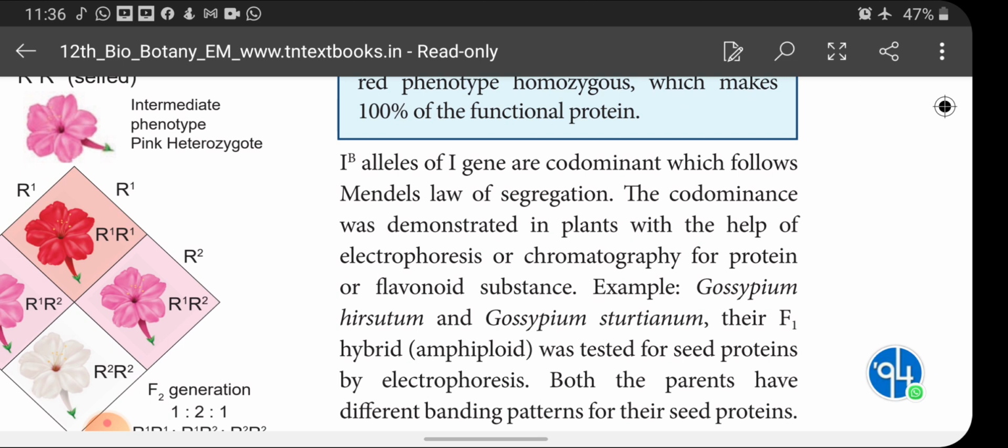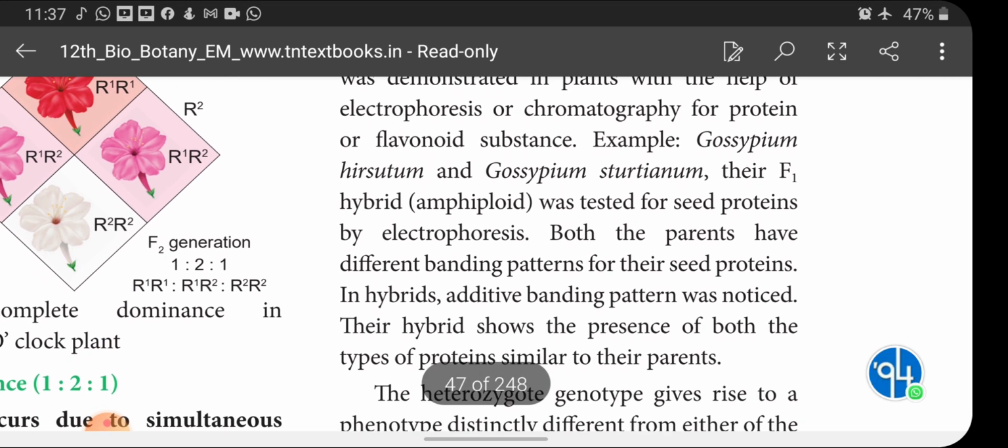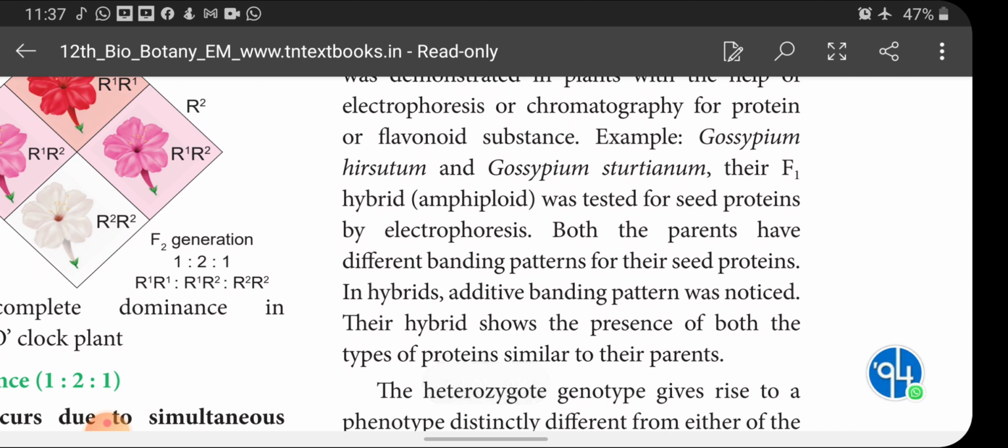Example: Gossypium hirsutum and Gossypium stocksii. Their F1 hybrid was tested for seed proteins by electrophoresis. Both the parents have different banding patterns for their seed protein. In hybrids, an additive banding pattern was noticed. Their hybrid shows the presence of both types of proteins similar to their parents.